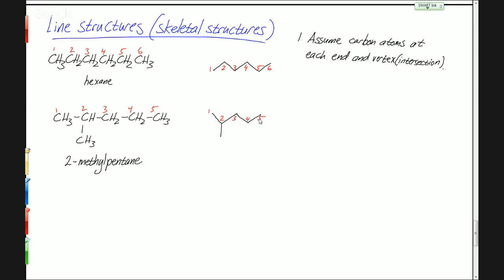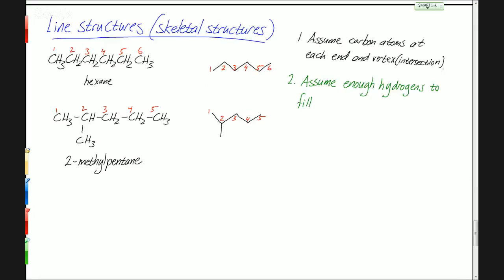So our next rule can be that we always assume enough hydrogens.